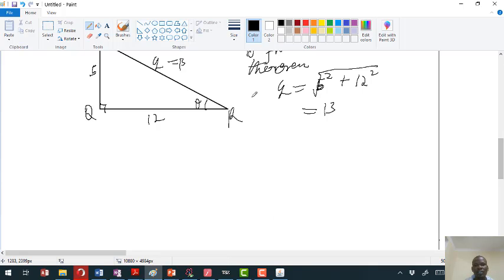Find the sine of theta. Sine of theta is equal to opposite, which is 5, all over 13. That gives you 0.3846.